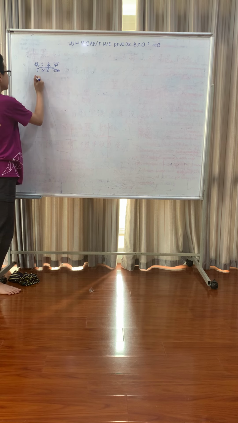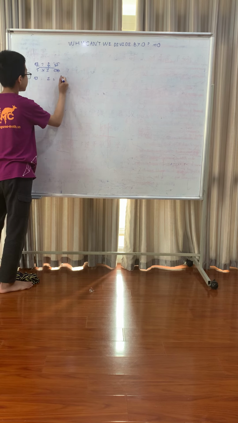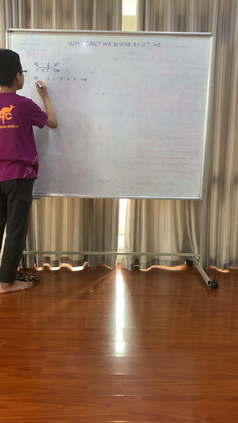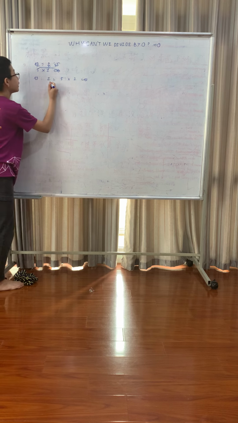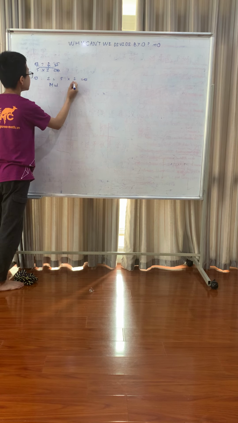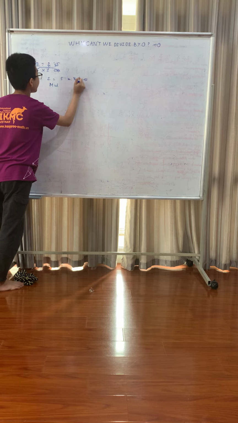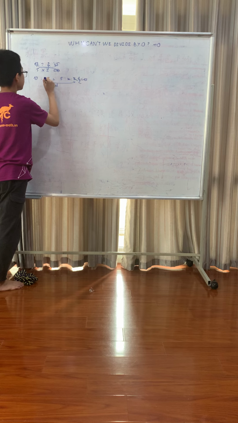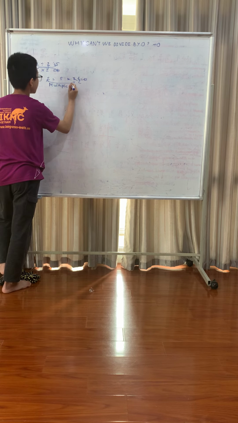Here, 10 divided by 2 equals 5. 5 times 2 equals 10. Where this 2 here is the multiplicative inverse of this number. 5 divided by 1/2 equals 10, right? These two are called multiplicative inverses of each other.